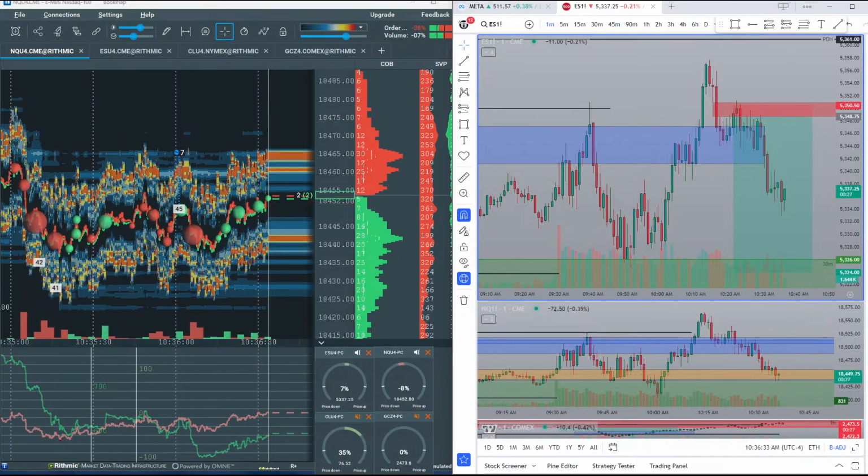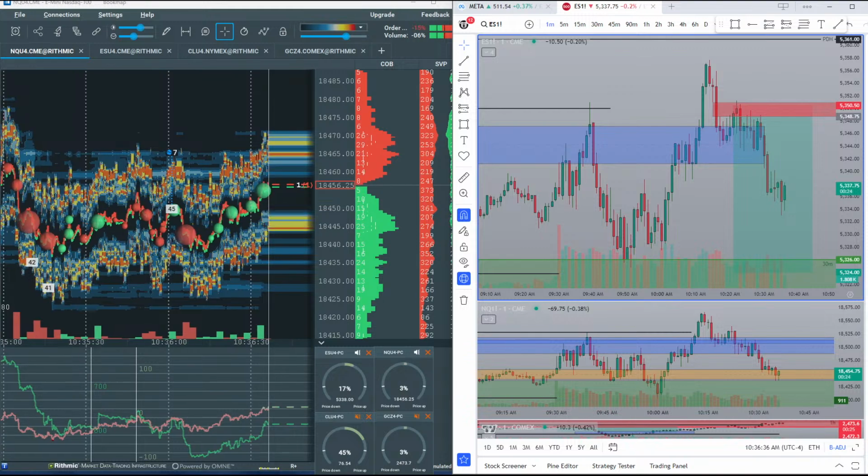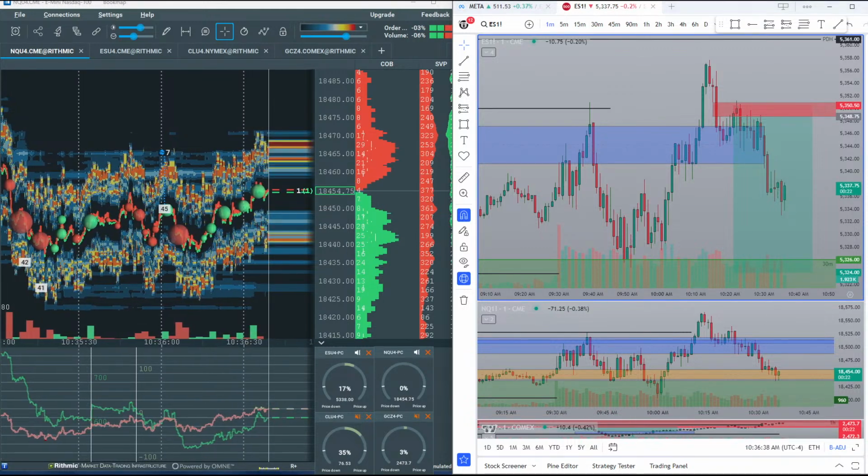Market's just sort of chopping now. Sorry guys, texting. When the market gets like this, you can't force trades.